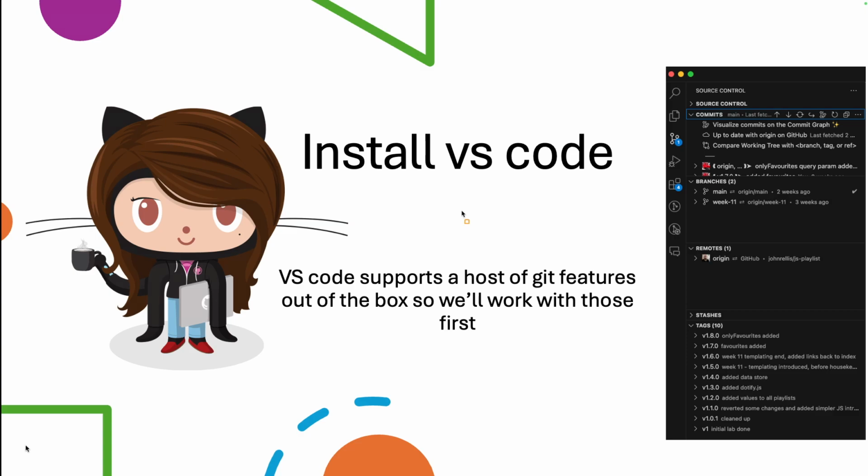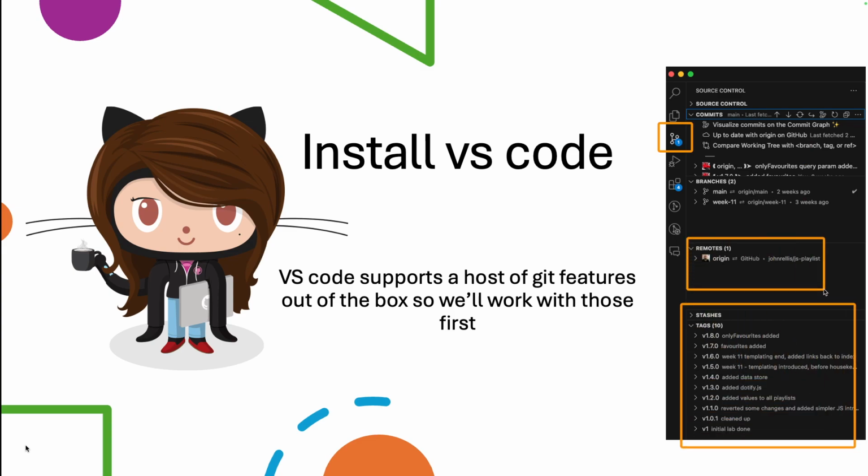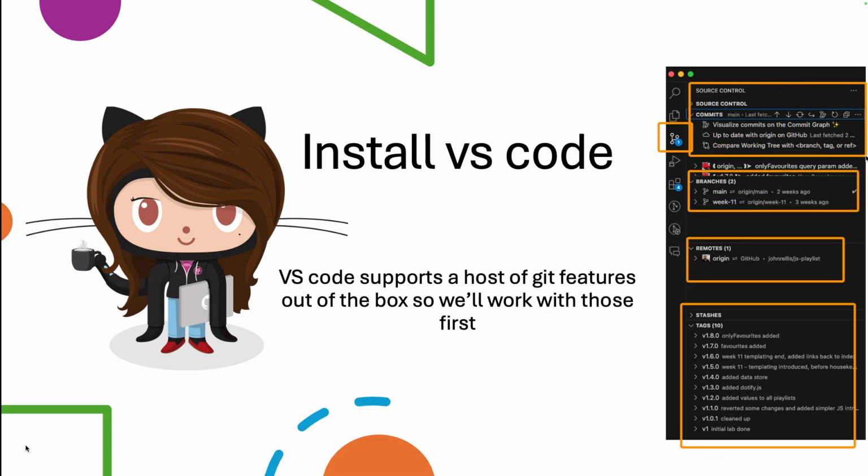So if I click here, it's showing me there's one change happening there. And you can see things like stashes, tags, my remote, which we'll get to, different branches, which we will also get to, and just the commits.